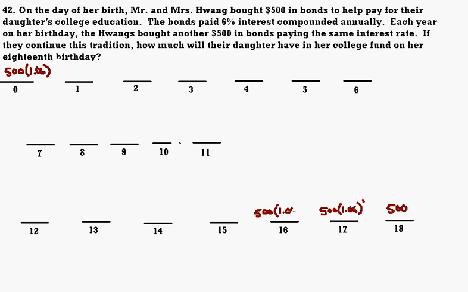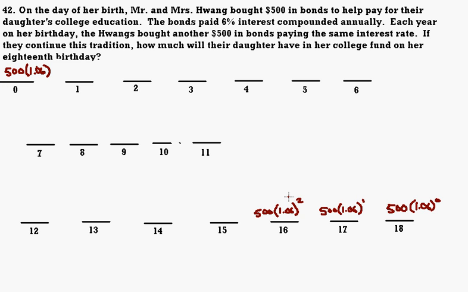Again, it's 1.06, but this is over a 2-year period. So now it's 1.06 squared. By the way, that'd be 1.06 to the 0, which of course we know is 1, so that'd be 500.